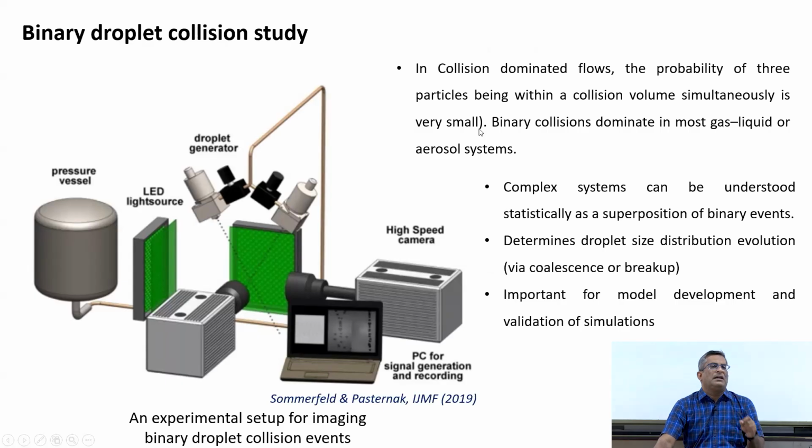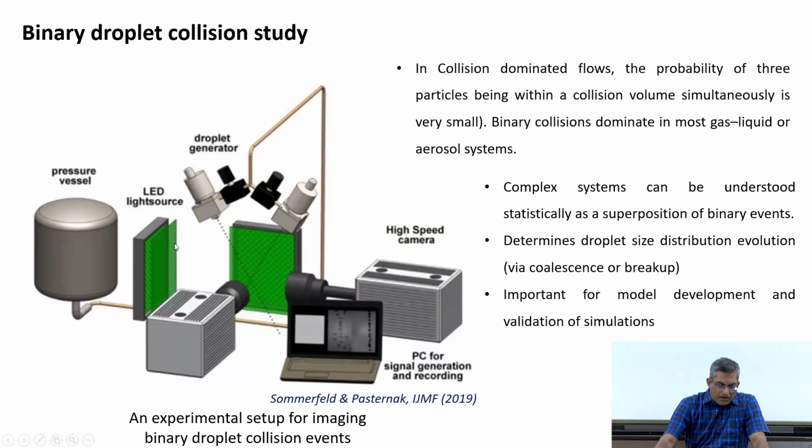It is a rare event to have more than two particles colliding with each other in collision dominated flows, that is, when the volume fraction is below 0.1. These are not contact dominated, these are collision dominated flows. That is why binary collisions mostly dominate this system. Binary collision means a collision between two particles only.